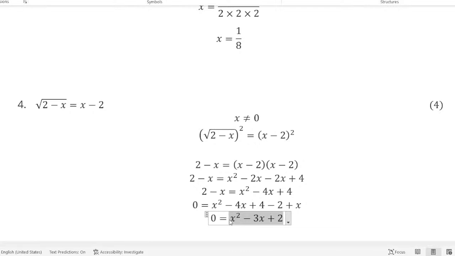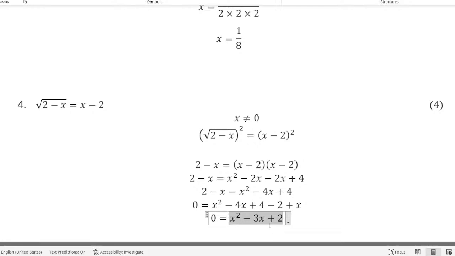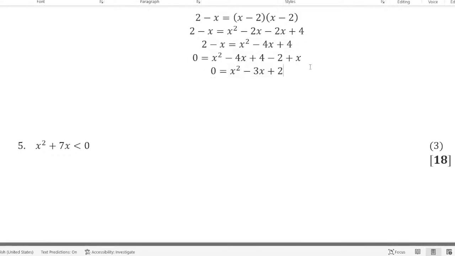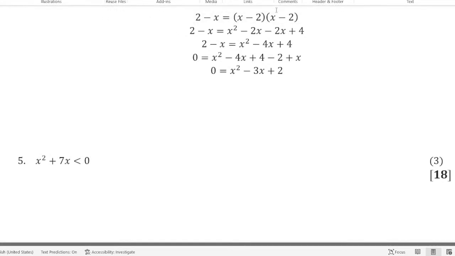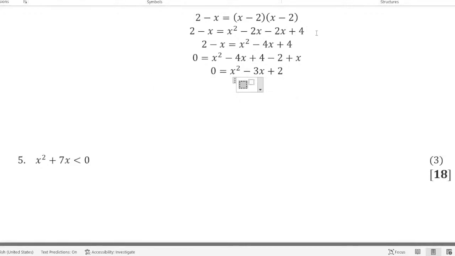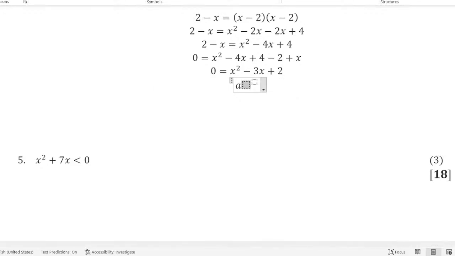So now let's write it in the right order, in the proper order. Instead of saying 0 is equal to a quadratic expression, let's write it in the proper way. Remember, earlier when we started, we said that when we're solving a quadratic equation, it should always be in the form of ax squared plus bx plus c is equal to 0.